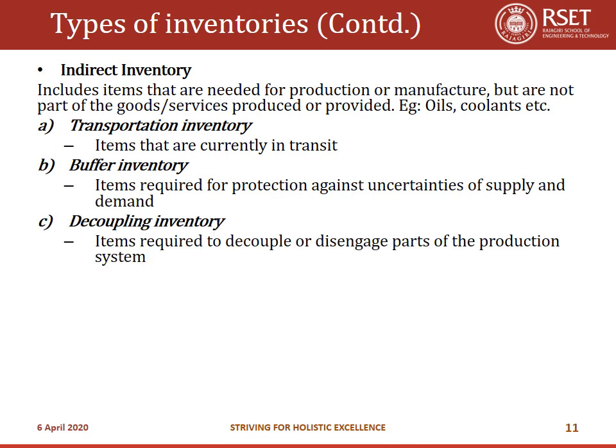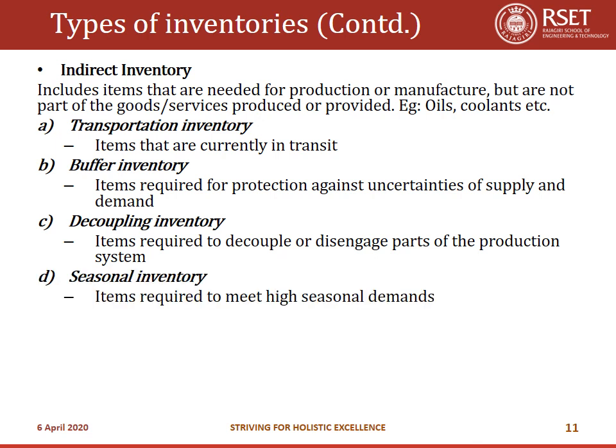Decoupling inventory are items that are required to decouple or disengage parts of the production system, if you want to separate two different parts of the production system. Seasonal inventory are items that are required to meet high seasonal demands. For example, certain items will have very high demand pertaining to the particular season.